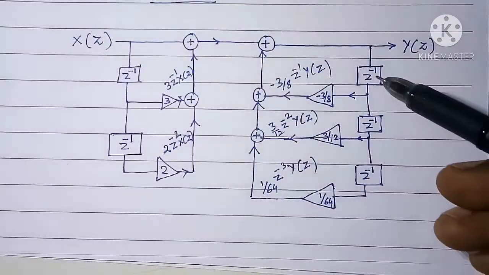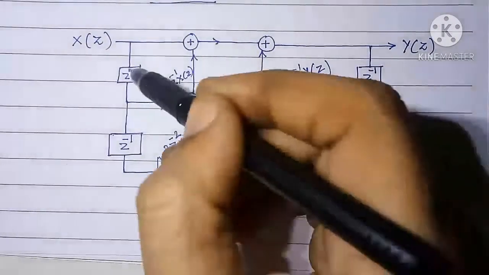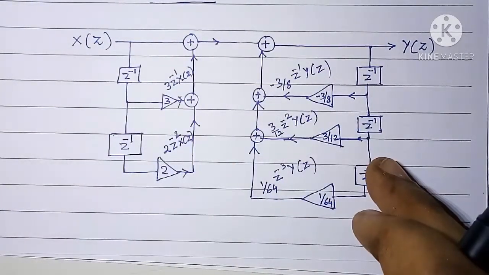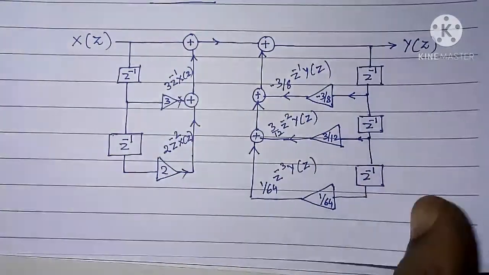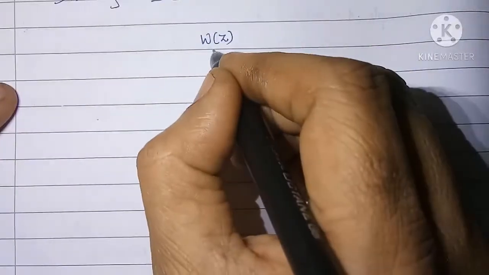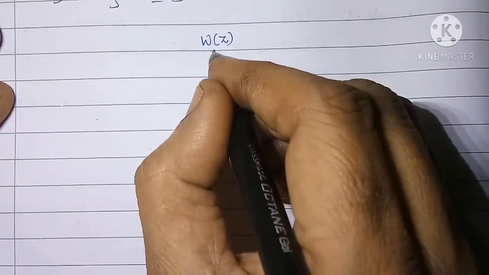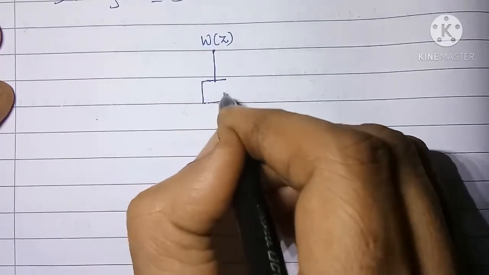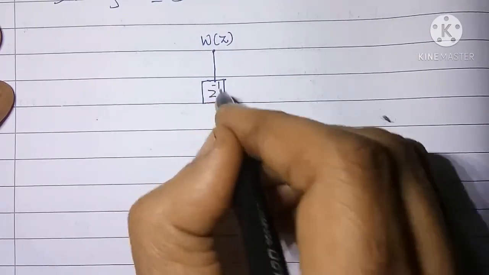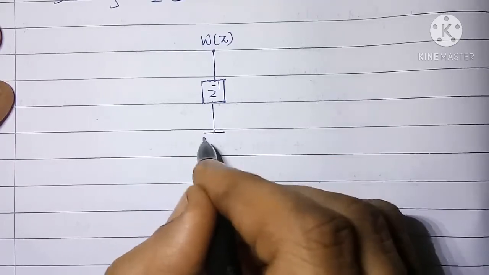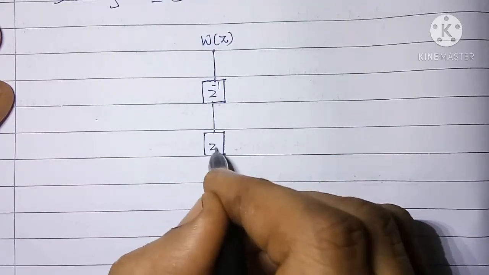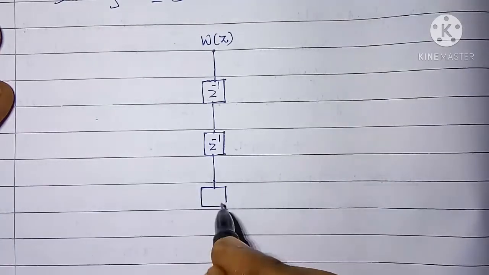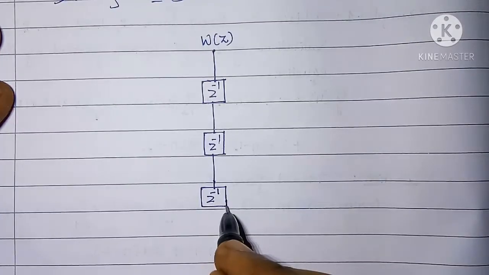Highest number of delay units are 1, 2, 3, and here it is 2. So among 3 and 2, 3 is highest. You take it. And from the W of Z point, you show 3 delay units, Z raised to minus 1, Z raised to minus 1, and Z raised to minus 1 delay unit.